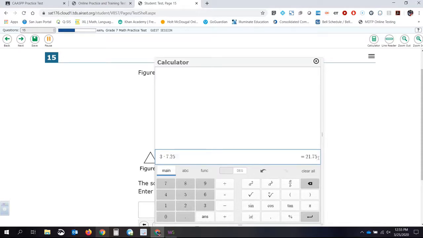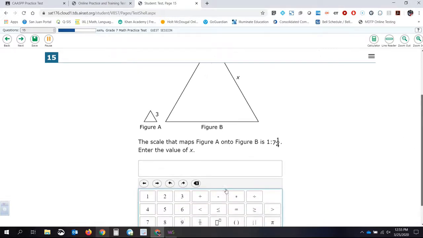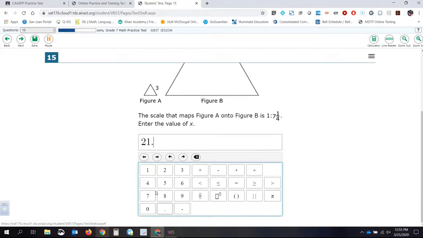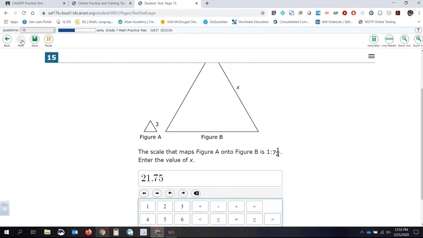And when we do that, we get 21.75, just like we said we would. All right, so the answer that we are looking for is 21.75. Got to pull it down a little more so I can get that decimal point.